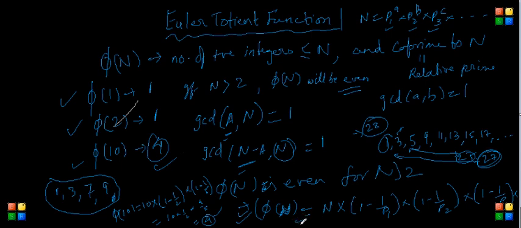Now let's look at reducing the expression for phi of n for generic n. So let me create some space. Great. So I'm trying to deduce the expression for phi of n here. Let me start like this.